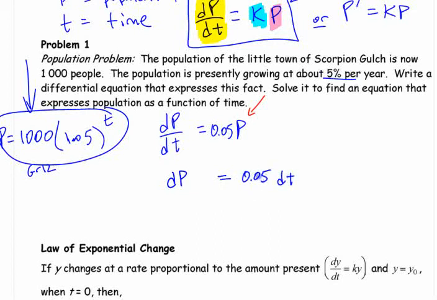Where does that P go? Maybe I should move it around to show you. We want this on the other side, like that. You need to separate the variables and then integrate both sides.